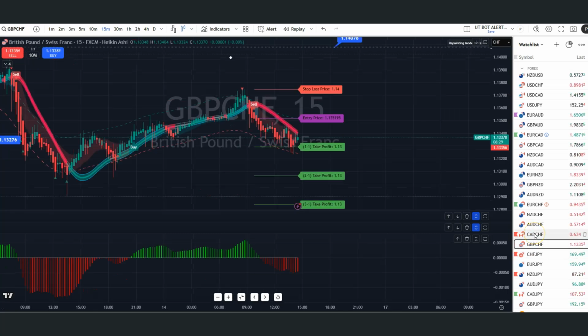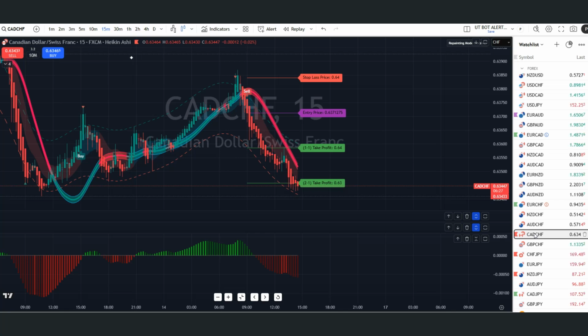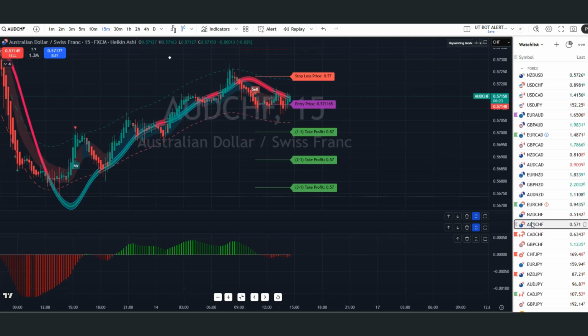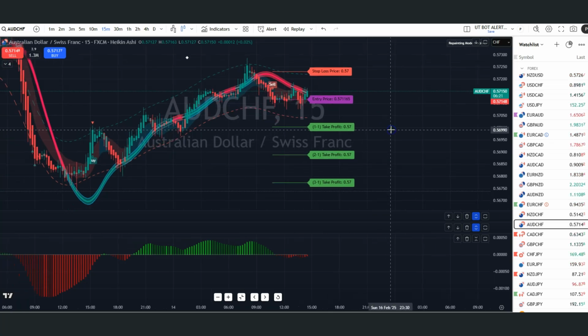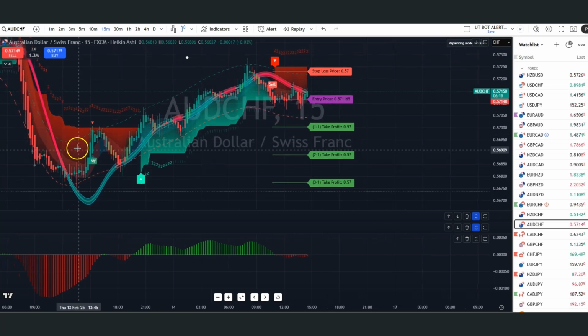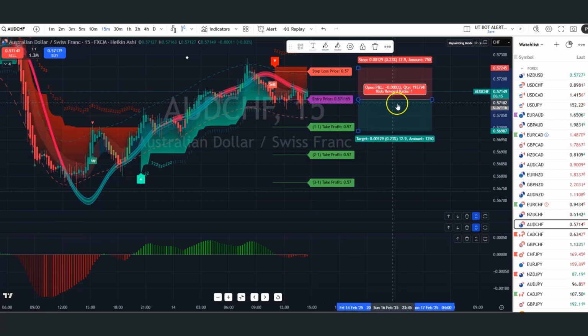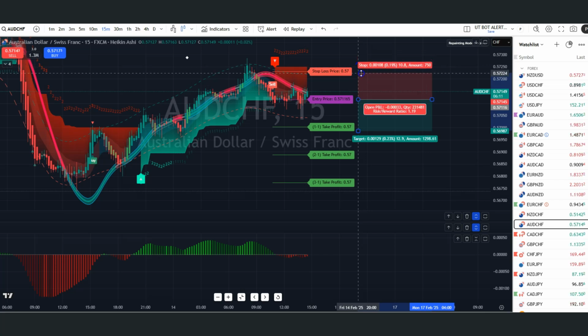Pound Swiss sell. Canadian Swiss pretty much done its money. Aussie Swiss looks like a sell, doesn't it? Looks like a nice sell. We can do some calculations here, can't we? Now the stop loss here is saying 57.23.